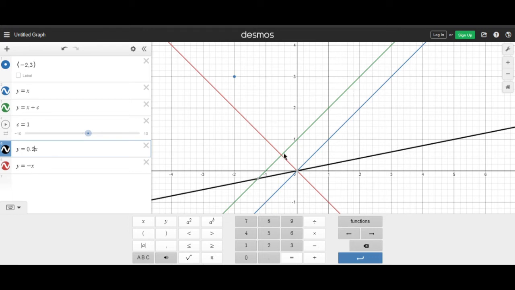Now the same thing applies here. If you want to shift this line above, you have to add something. If you want to shift it downwards, you subtract something. If you want this line to shift like this, then you have to increase this.